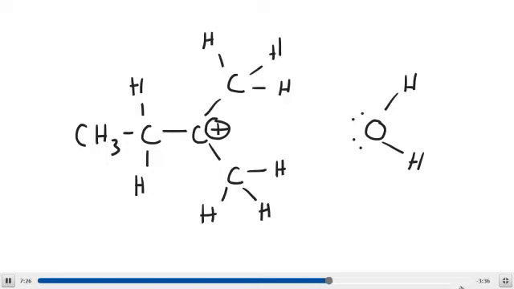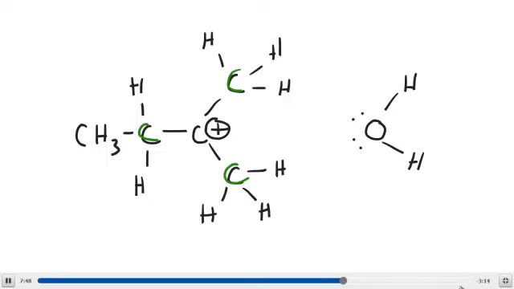The other option, instead of having water act as a nucleophile, is to have water act as a base. So not a Lewis base, but a Bronsted-Lowry base, and be a proton acceptor. And what it can do is remove one of these protons on one of these carbons that I'm going to show here in green that are adjacent to the carbocation.